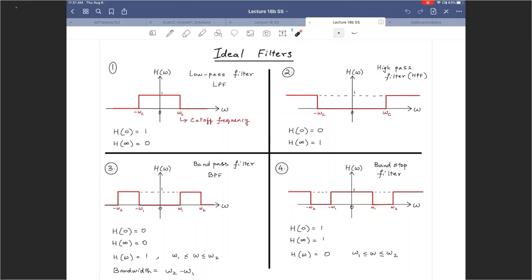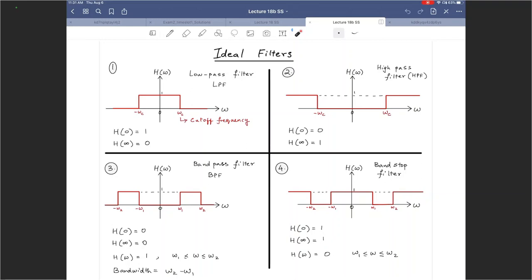H(s), that's our transfer function. So two different things. One is giving you system behavior with respect to both sigma and j omega, horizontal and vertical axis. Frequency response only gives you the information about the vertical axis of the S-plane, which is omega. That's it.